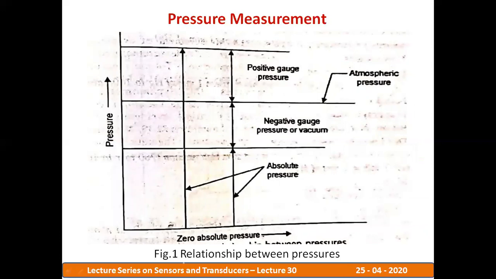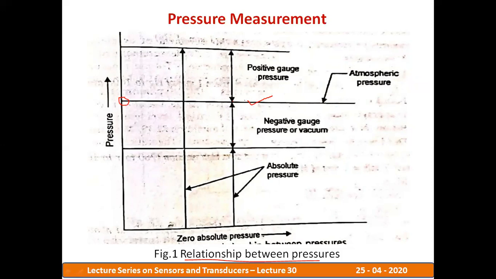So this is the diagram which will give us a relationship between different pressures. Here, this one is the atmospheric pressure scale. So this is the atmospheric pressure line. Here we have taken a scale.